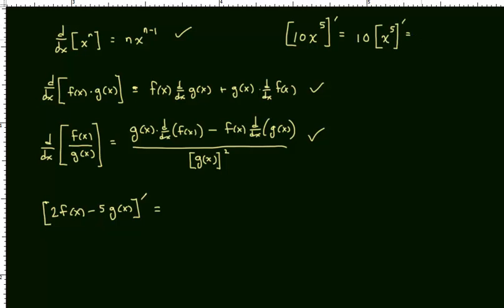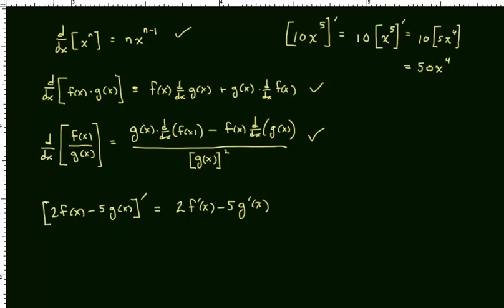So that would be 10 times 5x to the power of 4, which leads to 50 x to the power of 4, the thing you already know. So coming over here now, this would read 2 times f prime of x minus 5 times g prime of x.